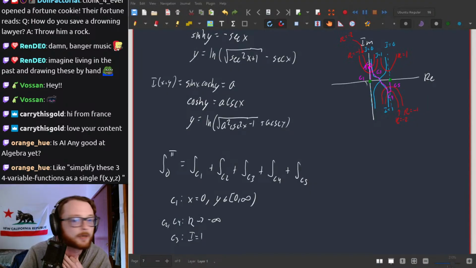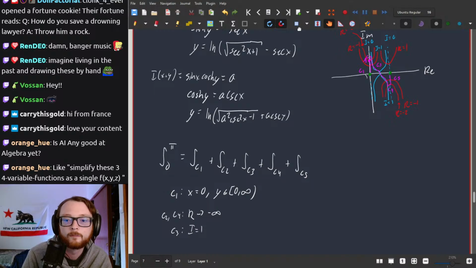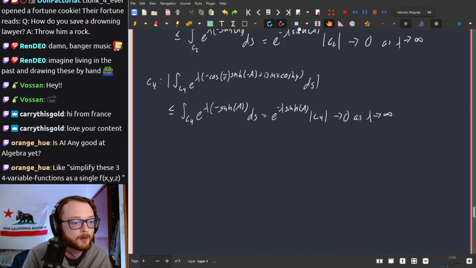So now we need to figure out. I'm going to save C3 for last. That's going to be the hardest one. But let's work on C1.